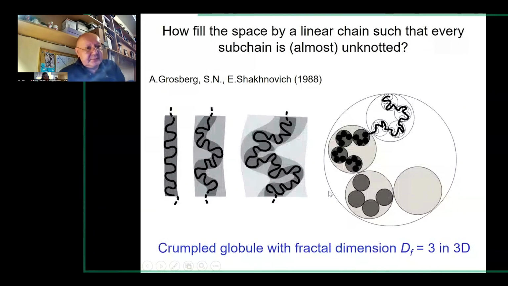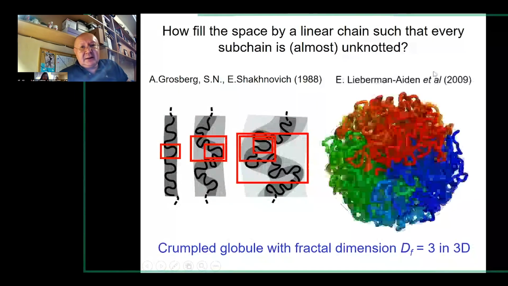If you imagine such a configuration, it's much easier to see that on all scales there is a repetition of structure, and there is a possibility for the chain to be weakly knotted on all possible scales.